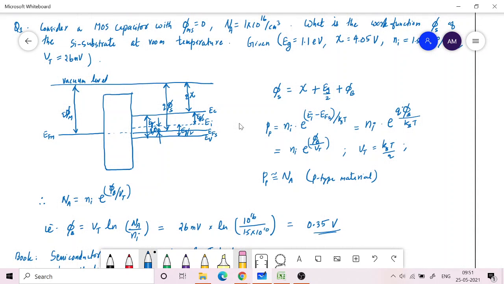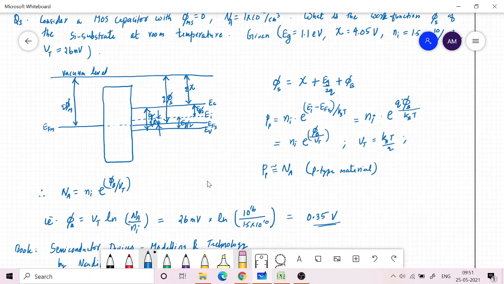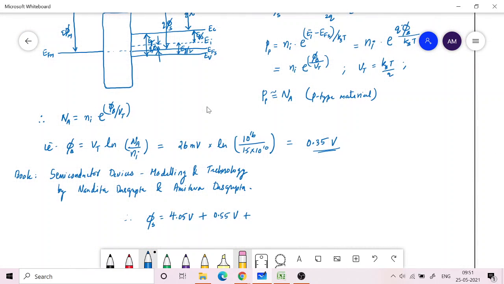Eg by 2Q, because phi_B is in volt and Eg is in electron volt, which is energy. So I have to divide by Q in order to convert that into voltage. Electron volt becomes volt when you divide by Q, but we can use the same value; only the unit is changed by the division by Q. Plus our phi_B, which we have just found out, which is 0.35.